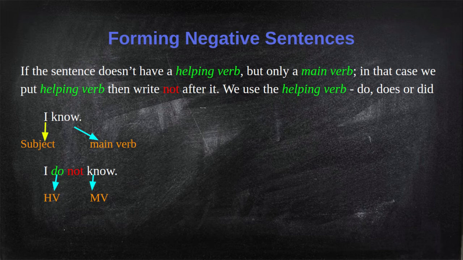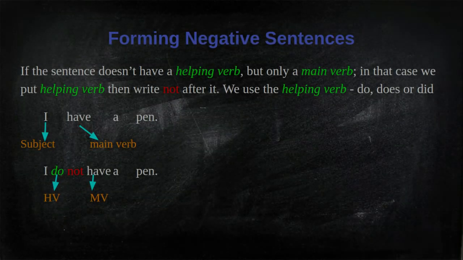Did is used with singular and plural in the past tense. So, I know. To make it negative, after the subject, I write do. I do. Then after do, I write not. I do not know.